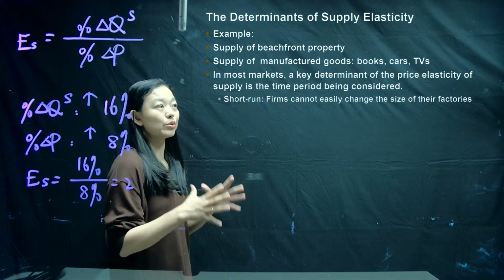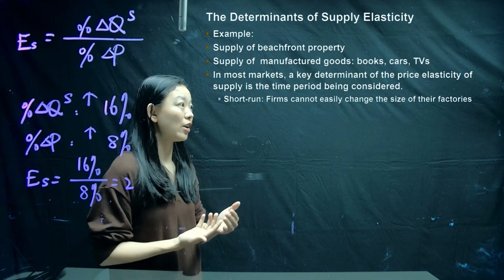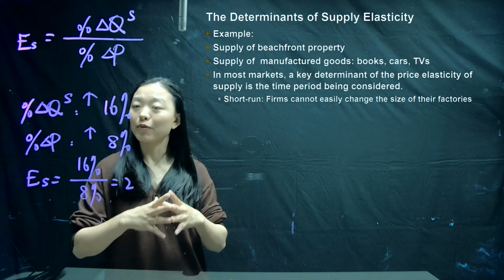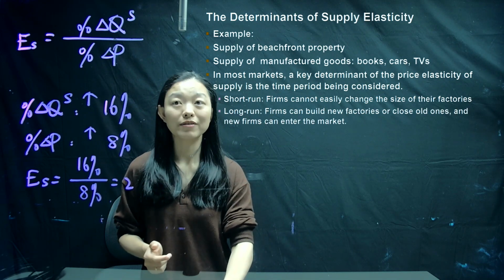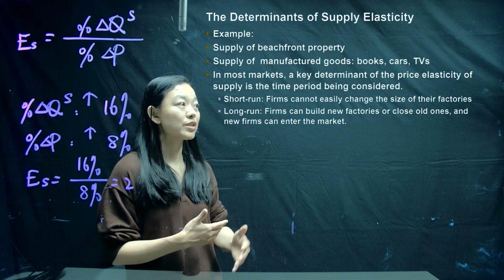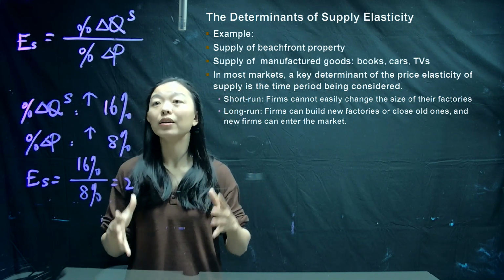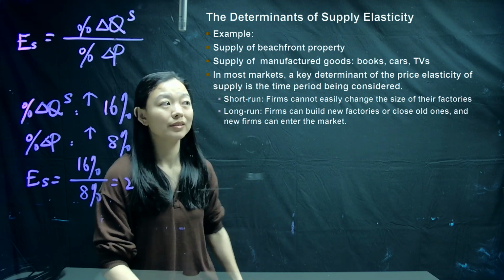For example, in the short run, firms cannot easily change the size of their factories, which means it will be hard for them to change their supply. However, in the long run, factories can close or expand. So we would say in the long run, the supply elasticity is bigger than in the short run.